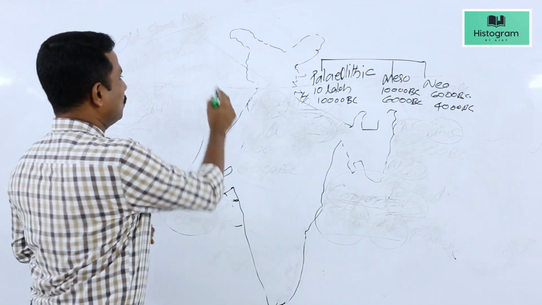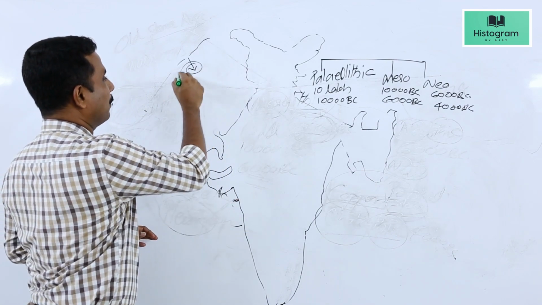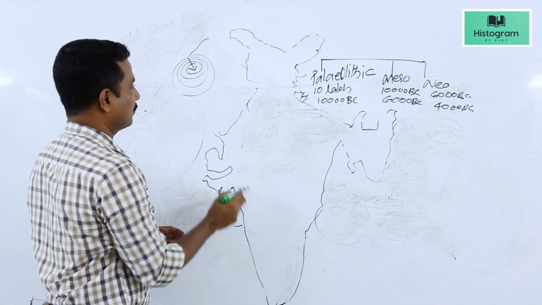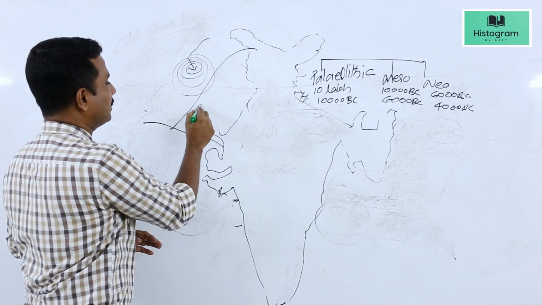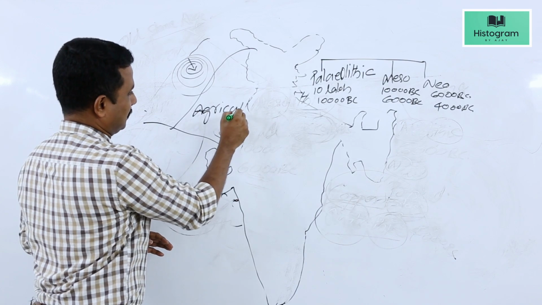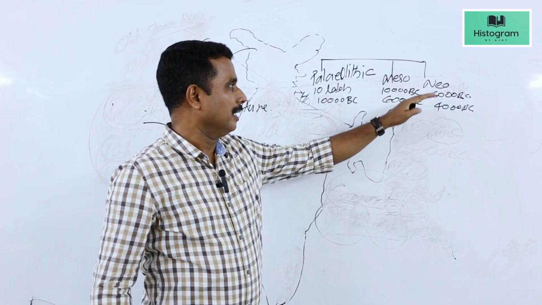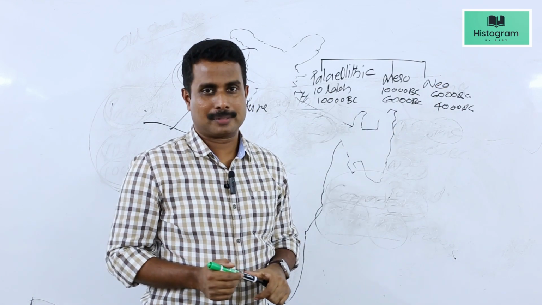So here, in the northwestern part of India, Neolithic communities began to emerge by 6000 BC, and they started cultivating, they started agriculture. So, in human history, Neolithic people were the earliest agrarian communities.